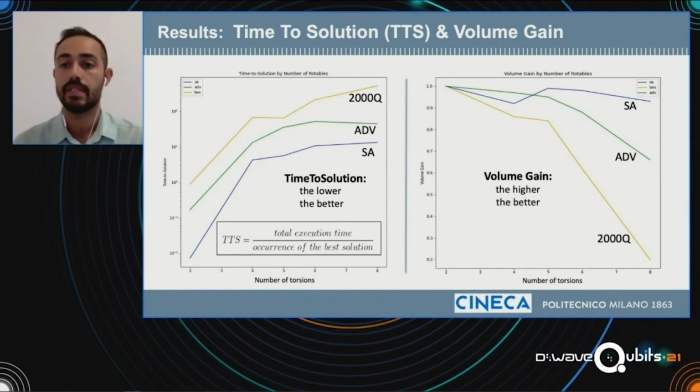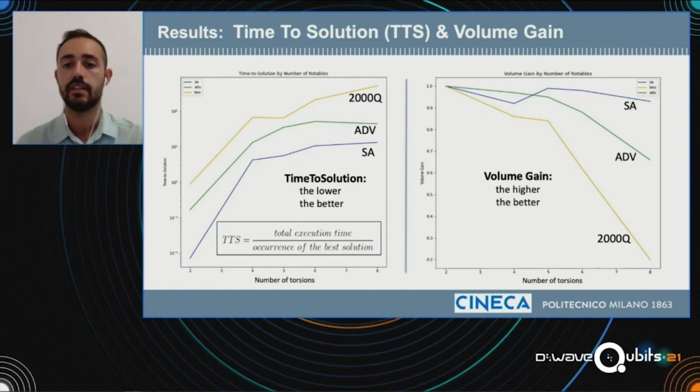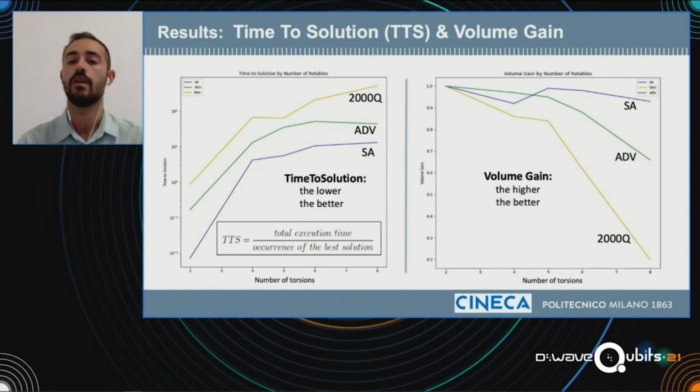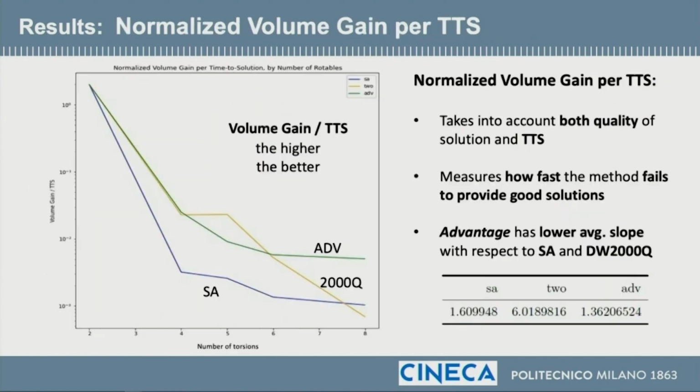The same thing happens for the volume gain, plotted increasing the number of torsions, where Advantage works well, but for small problem sizes. Finally, we have the volume gain over TTS, which is normalized in order to have all 3 methods on the same scale.